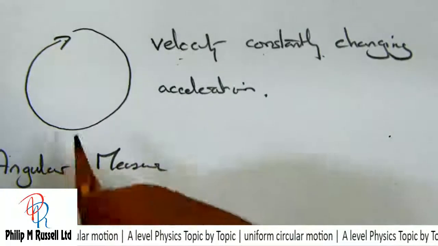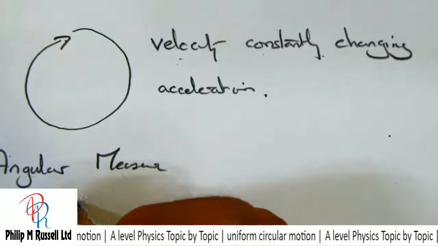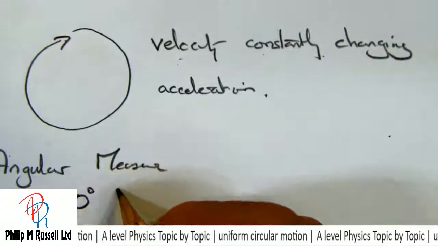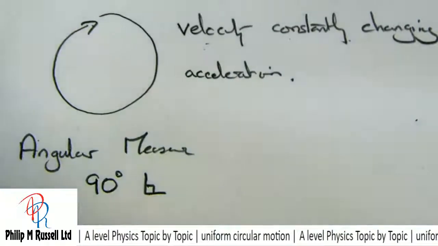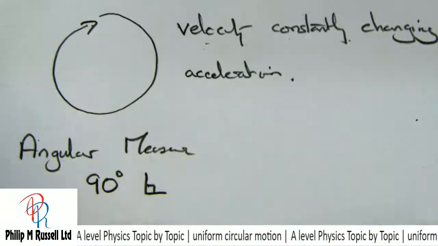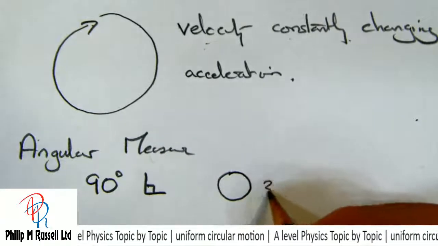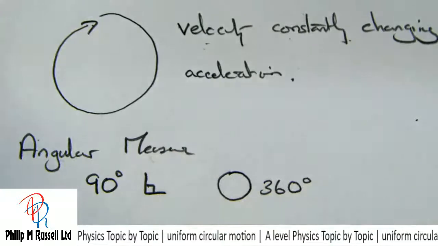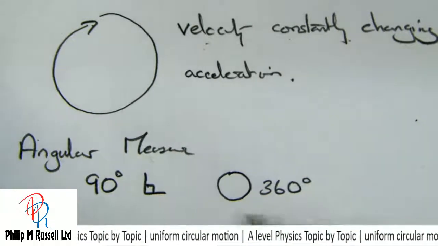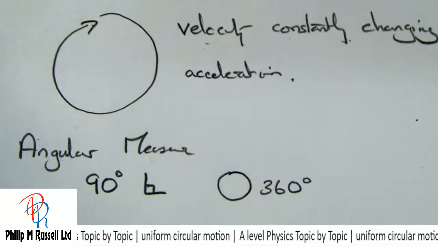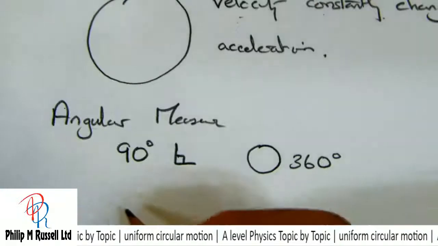Now, for many people, we stick to measuring angles in degrees, like the old 90 degrees for a right angle, and we measure the angles in a circle as 360 degrees. But there's something much better to do this with, and the mathematicians use this, and these are called radians.